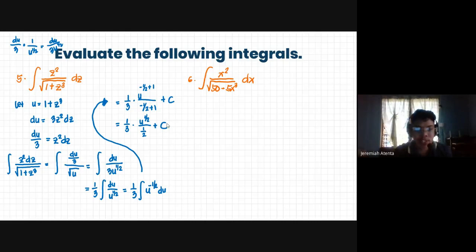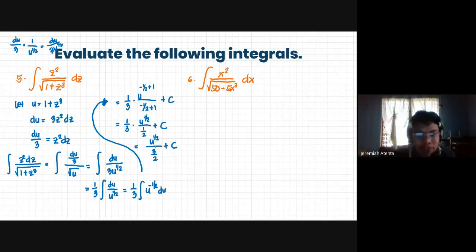Okay? Now simplifying, this is just equal to 1 times u to the 1/2, which is u to the 1/2, over 3 times 1/2, which is 3/2, plus c. Now, dividing fractions.